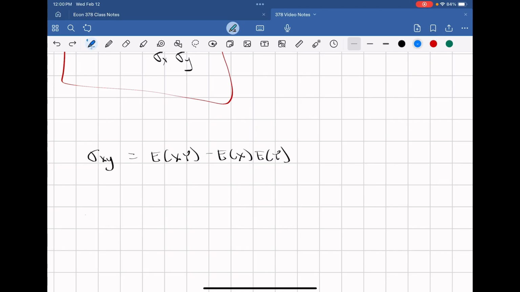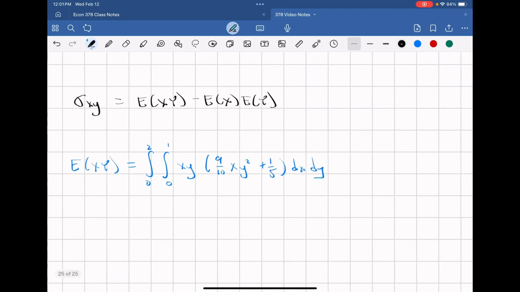So the expected value of xy is going to equal the double integral from 0 to 1 and 0 to 2, y first, then x, of xy times the joint distribution, which in this case is 9/10 xy squared plus 1/5 dx dy.